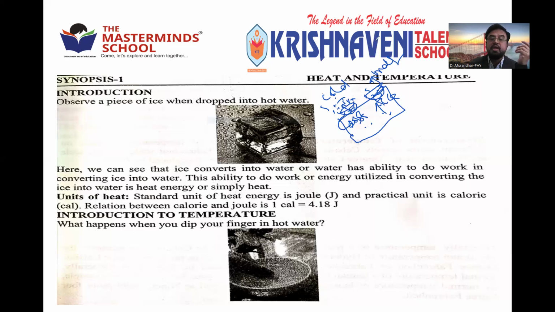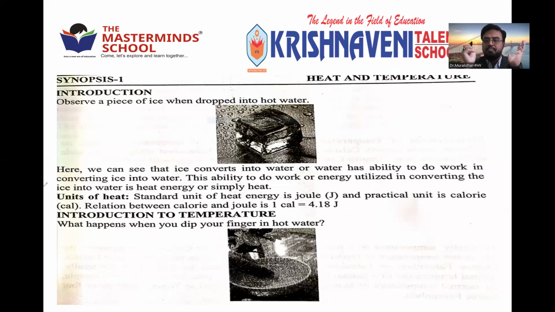Like that, you can see innumerable examples in our day-to-day life about heat. So many heating devices are there, starting from bulb, oven, geysers, gas stove, electric stoves, even room heaters.